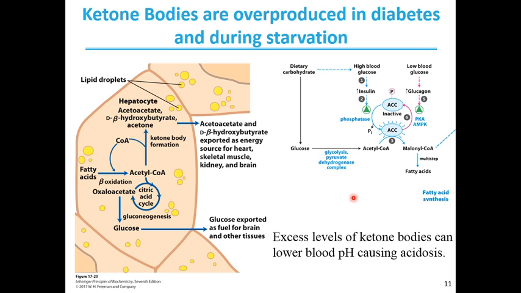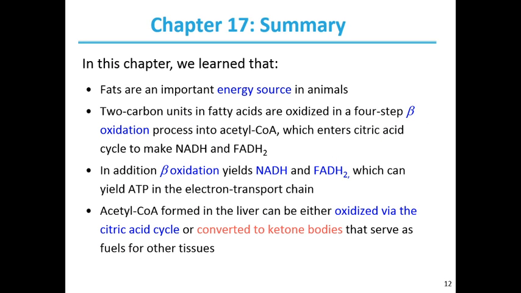So, let's summarize this chapter. This slide will give you a very brief summary of all the 5 lectures that we have seen for this chapter. So, what did we learn in this chapter? We learned that fats are an important energy source in animals. 2 carbon units in fatty acids are oxidized in a 4-step beta oxidation process into acetyl-CoA, which enters the citric acid cycle to make NADH and FADH2.